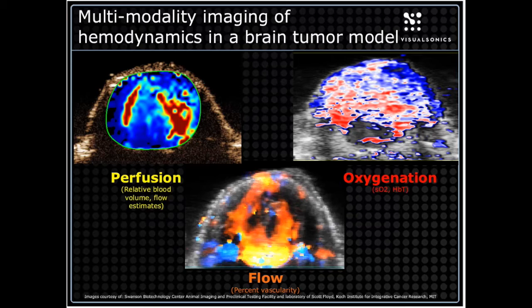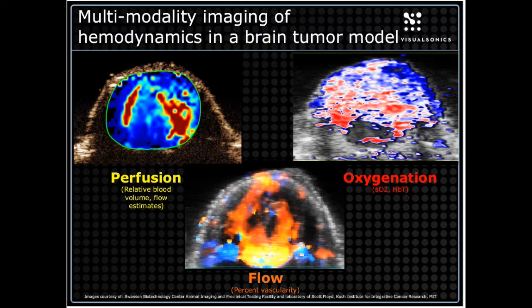Moving to looking at perfusion and flow, this is a model for a brain tumor where the ultrasound is used for non-invasively assessing the flow using a Doppler, the center bottom of the screen, or using contrast agent to looking at the perfusion and the capillary function inside the brain, both healthy brain structures and the tumor.